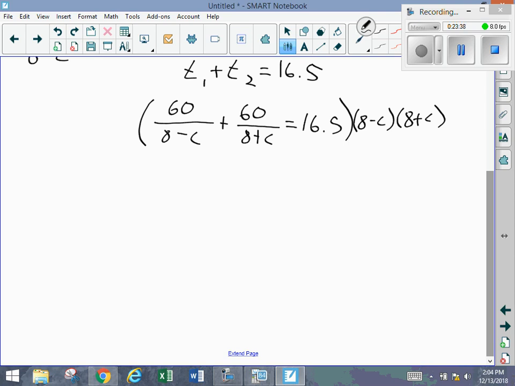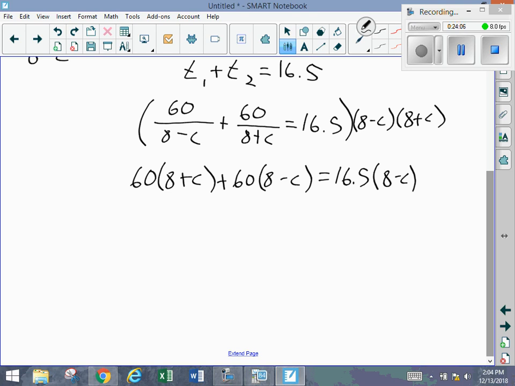So I know that my 8 minus c's are going to cancel here. And then over here, unfortunately, no canceling will happen. I will just wind up with that fraction.